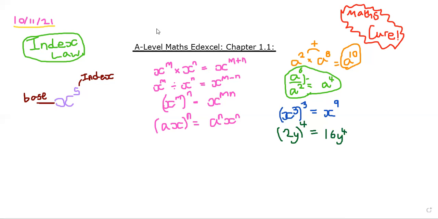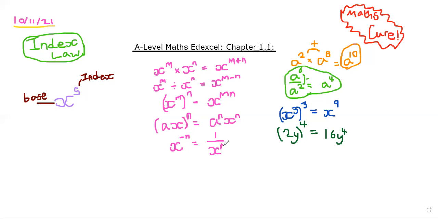If you have x, again we'll just continue using x to make it simple, to the power of a negative number, let's just do negative n, that is the same thing as 1 over x to the power of positive n.